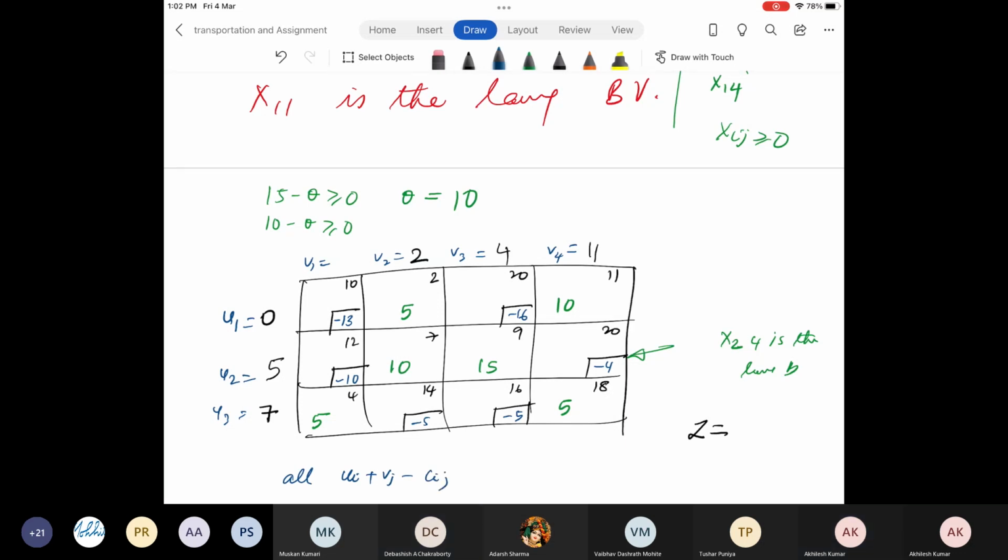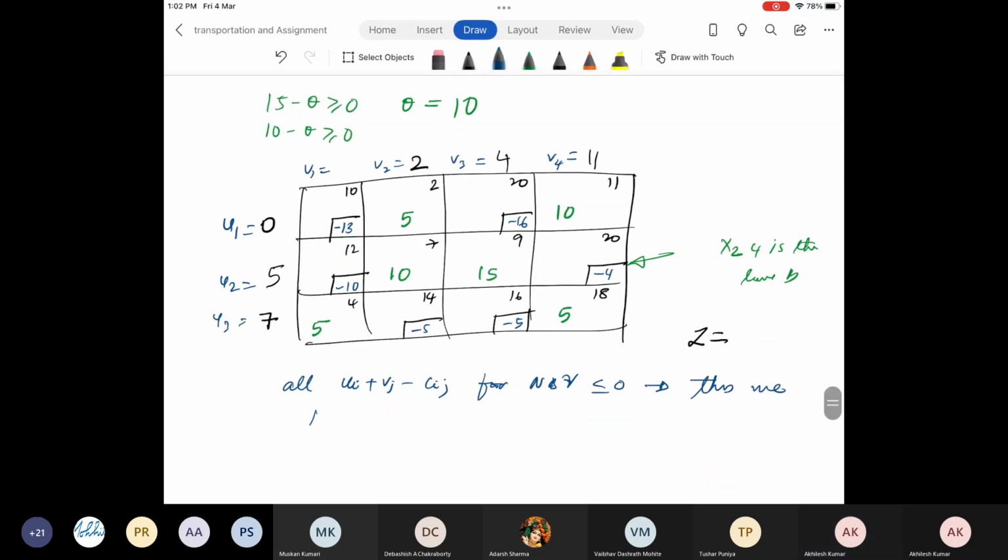Yes, you have. Here you will find Z equals 435.